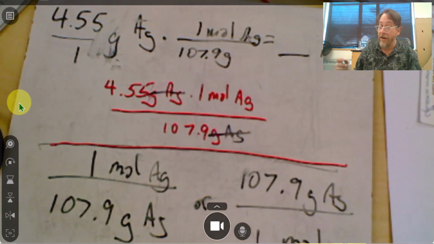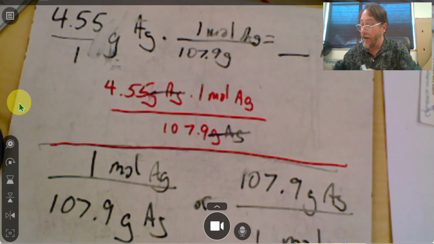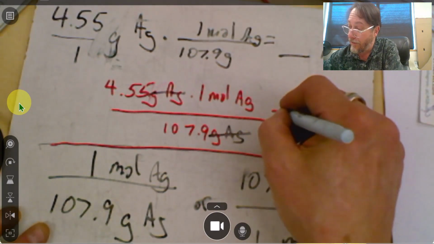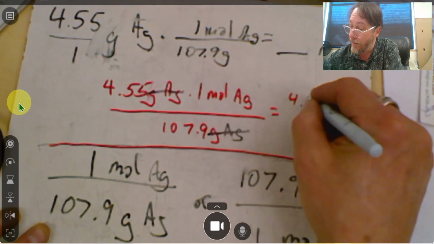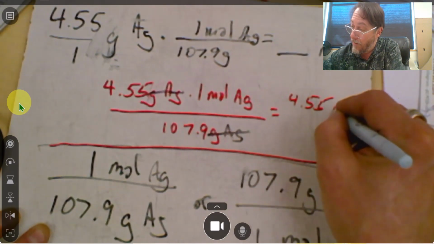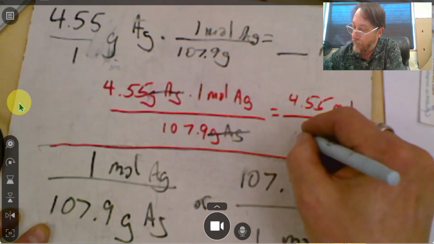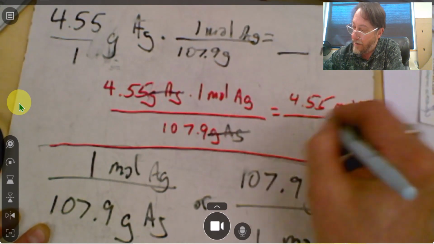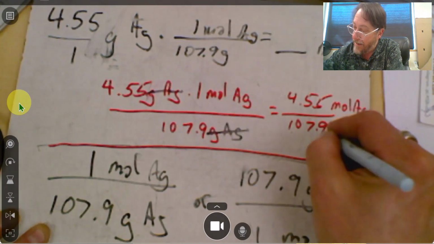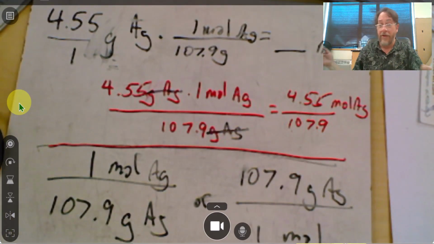That's great. So then we can re-simplify this to tell us the operation we're doing: 4.55 moles Ag divided by 107.9, because the silver grams have been removed.